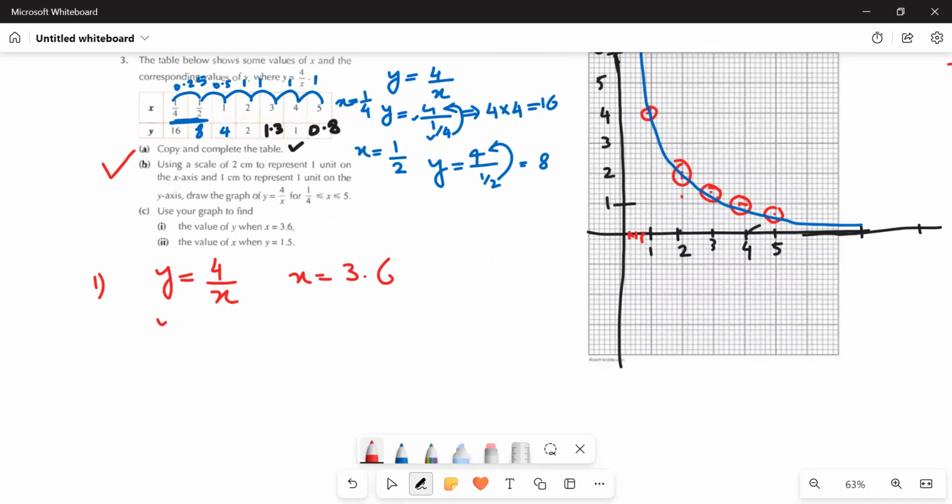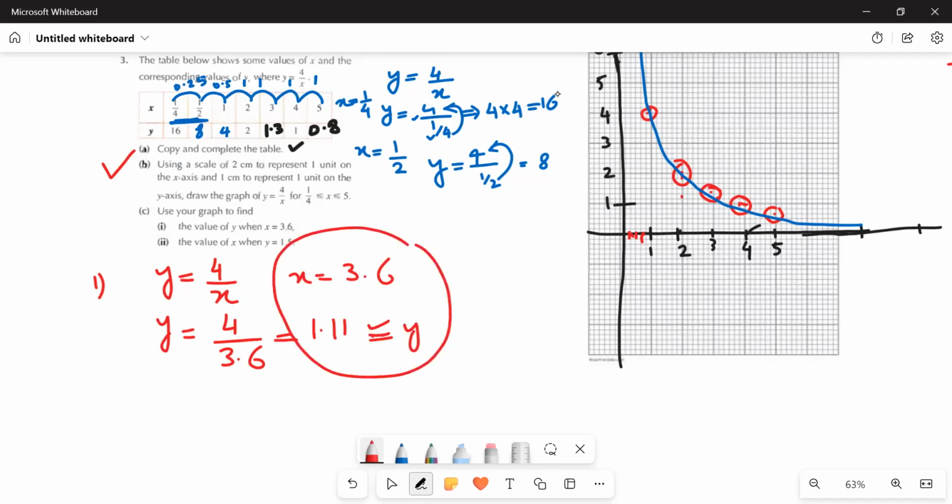Now x value we will put here, that is 3.6. Use your calculator and find the value. 4 divided by 3.6. So its value is 1.111. This is the first point. Means this one is y value, and this one is x value.